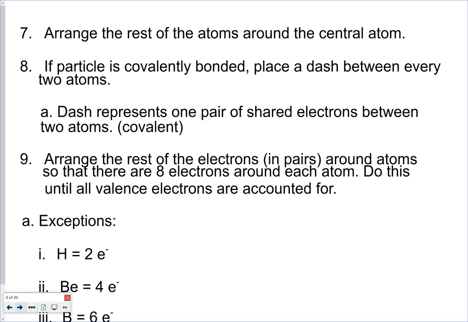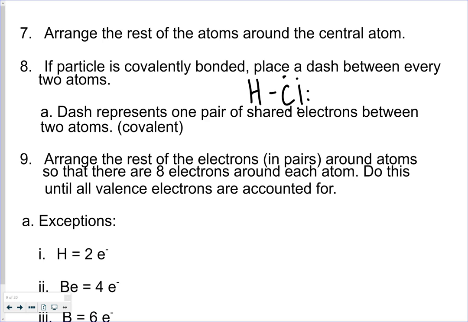Remember, for the arrangement of the rest of atoms around the central atom, if there are particles that are covalently bonded, they're dashes for only when they have 2. For example, if it's HCl, those would be dashes because they don't have a central atom.